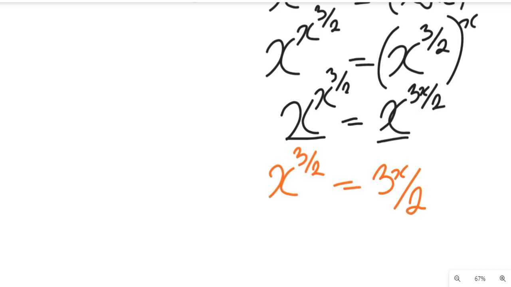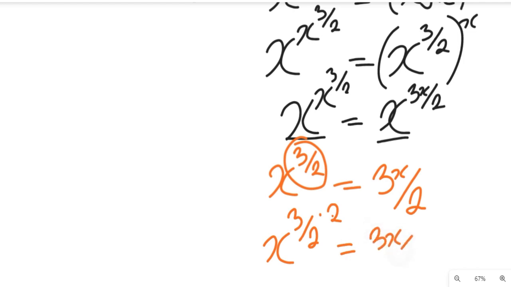So having gotten that, we are going to simplify from here. Now to simplify from here, all we need to do is to square both sides. We multiply both sides by 2 so as to clear this fraction. So if we raise both sides to the power of 2, we'll have x to the power of 3 divided by 2 multiplied by 2, and this will be equal to 3x divided by 2, all to the power of 2.